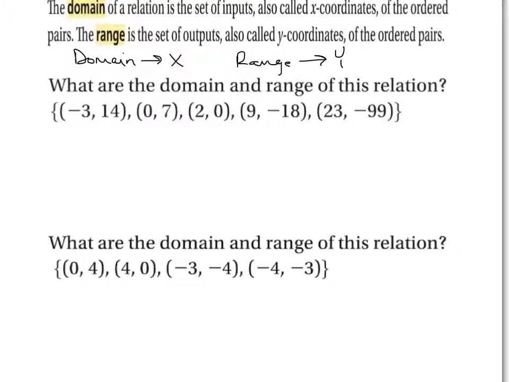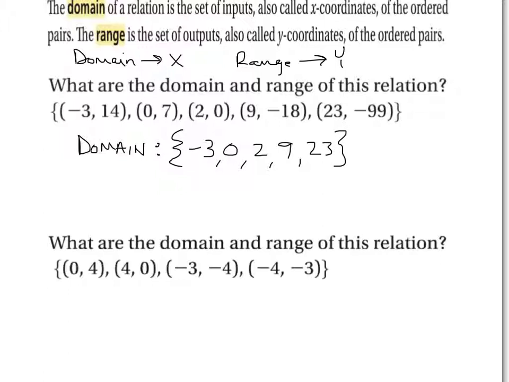So I give you the set of ordered pairs here. And the domain is the list of x values. So the x values are -3, 0, 2, 9, and 23. That's the domain.